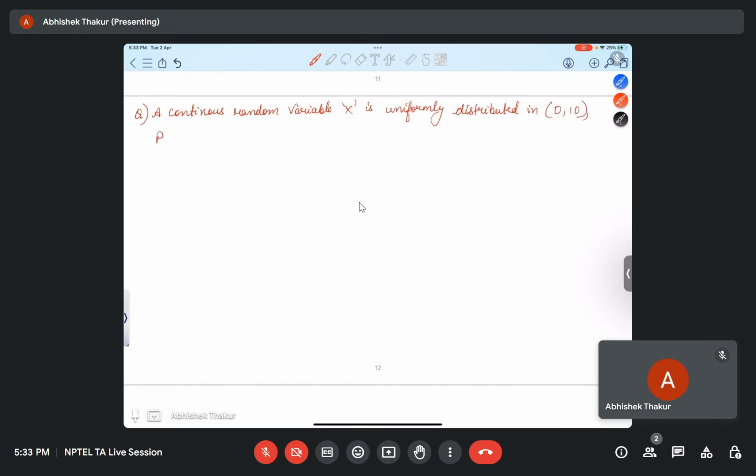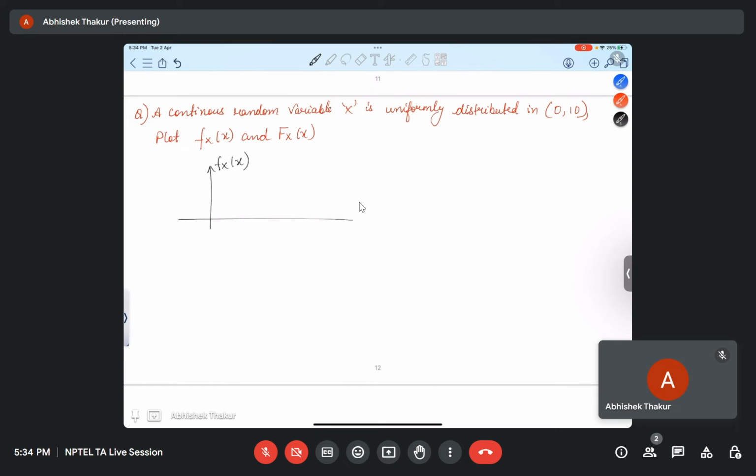Plot the probability density function and probability distribution function. So for this, first we will plot the probability density function.